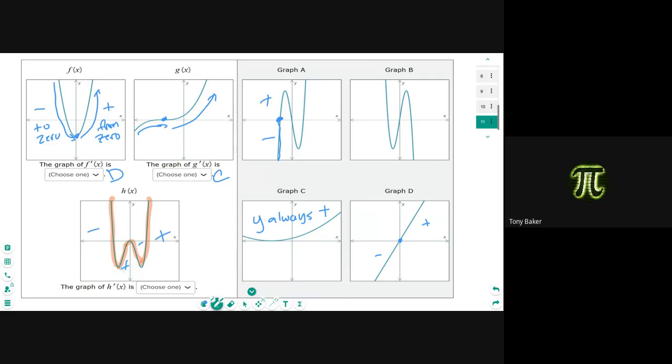And that one was a little quick and then slowed back down. That's where that curve's at. At 0, it's positive up here, it's negative down here, and then it goes back to positive up here.